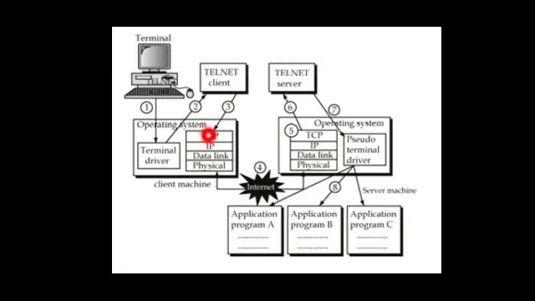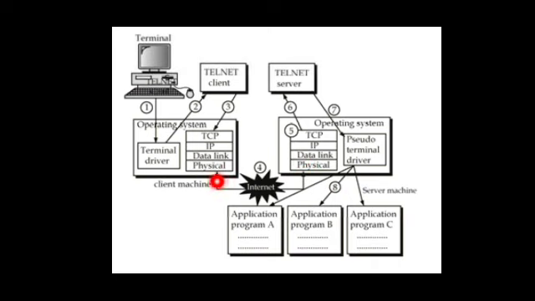So the TCP/IP stack, after receiving the commands from the telnet client, divides those commands into packets, and the packets of commands are transmitted through the internet to the remote location.